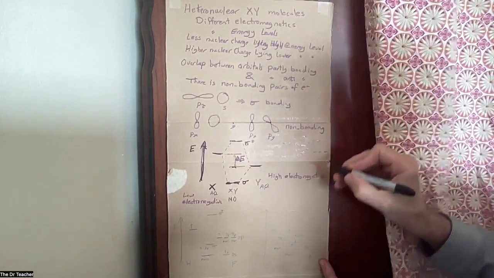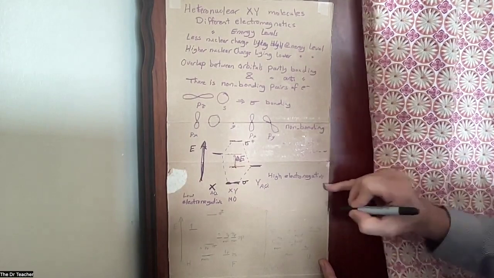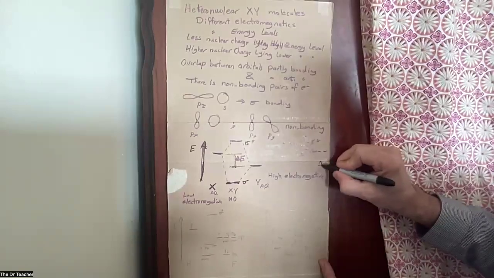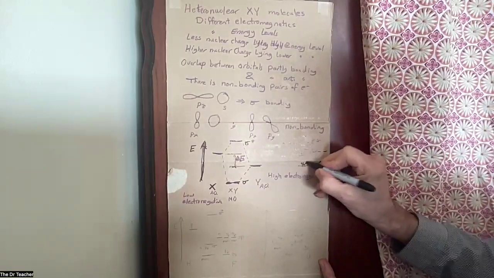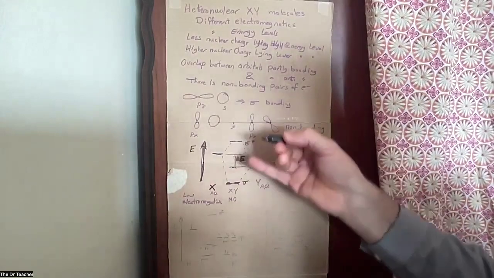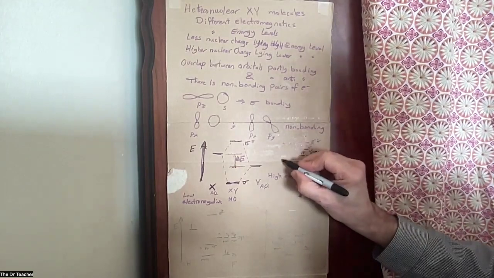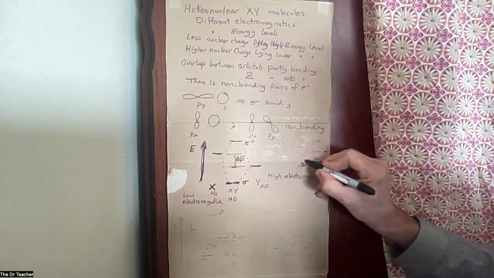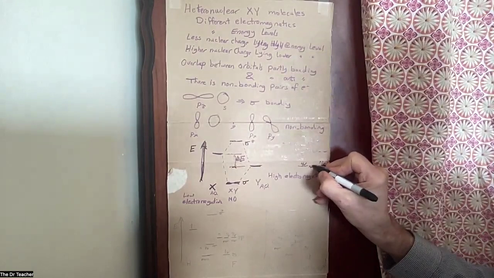If there are 2 non-bonding electrons from this Y, they remain in the same position, same energy level. And if the other atom has another s with 2 electrons, these 2 non-bonding electrons will remain as they are.